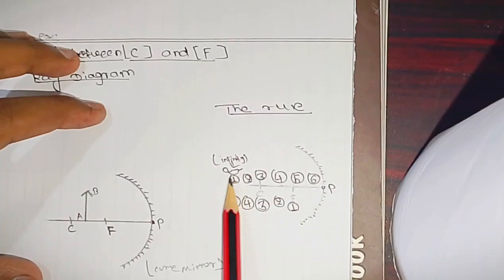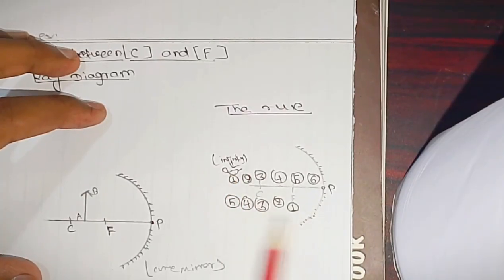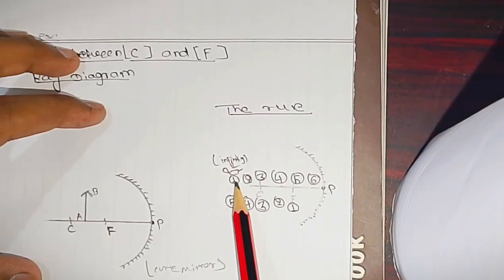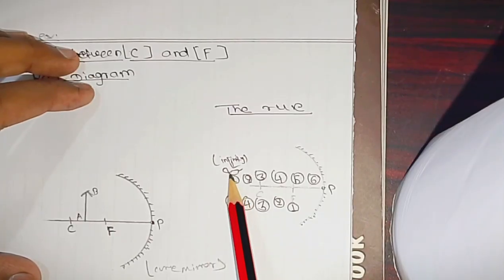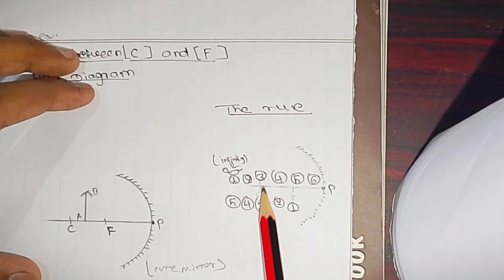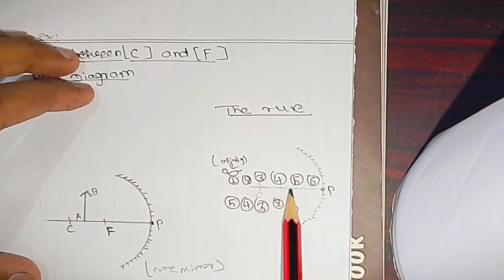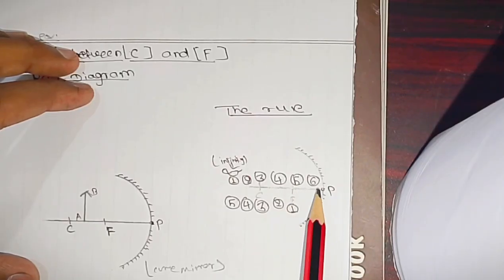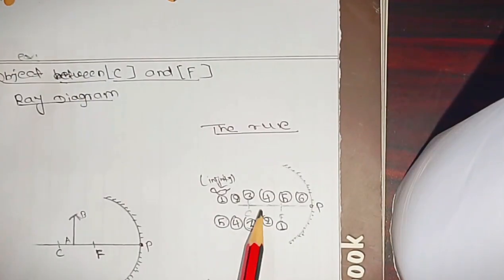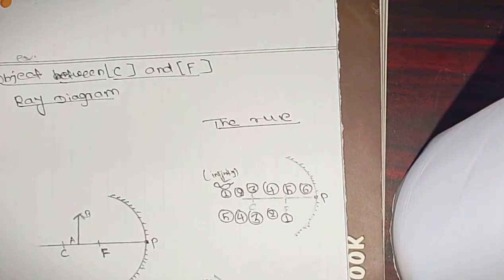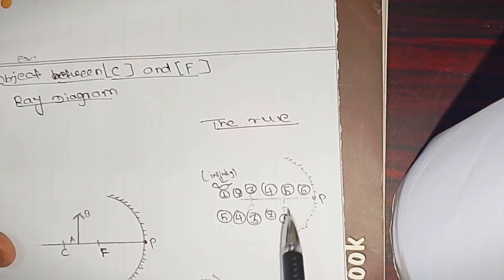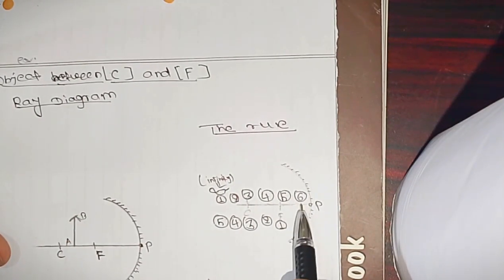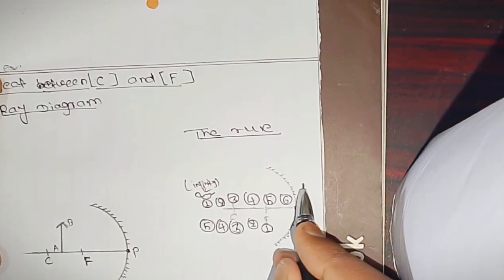Infinity. You can learn this diagram and practice often. Infinity: 1, 2, and C upon C. 3 between C and F. 4, F at 5 and 6. And here, when the object is at 6, the image is formed here.